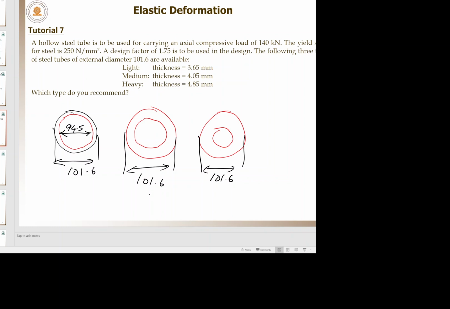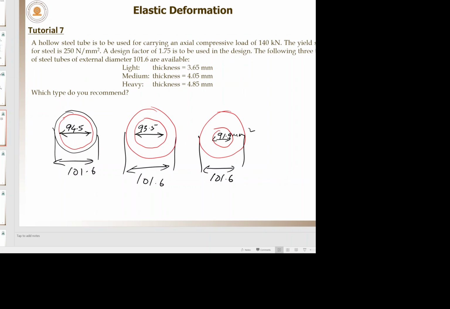In the second case, 101.6 minus twice 4.05, that is 93.5. In the third case, 101.6 minus twice 4.85, that is 91.9 millimeter. So these are the three tubes he has.